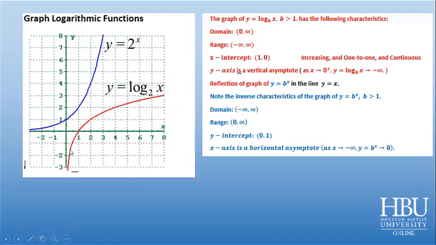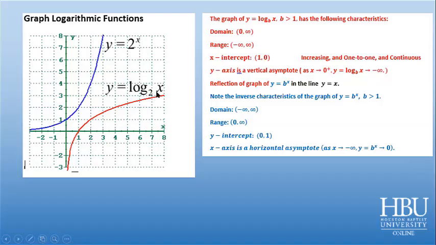Here is a graph of a logarithmic function, y equals the logarithm of x to base 2. Let's look at some points on this graph. If x is 1, the logarithm of 1 to base 2 is 0 because 2 to the 0 is 1. So the point 1, 0 is on the red graph, the logarithmic graph.